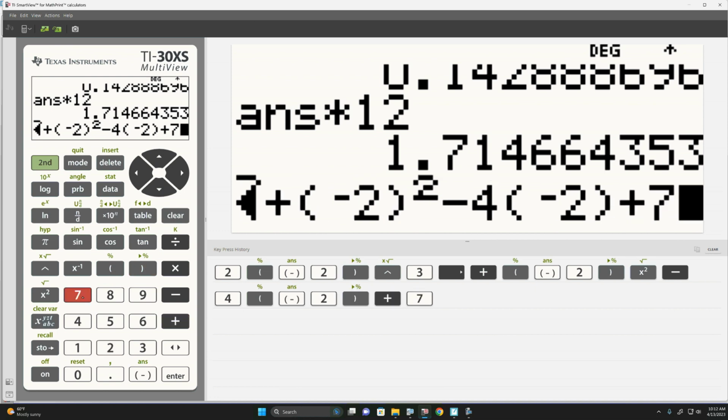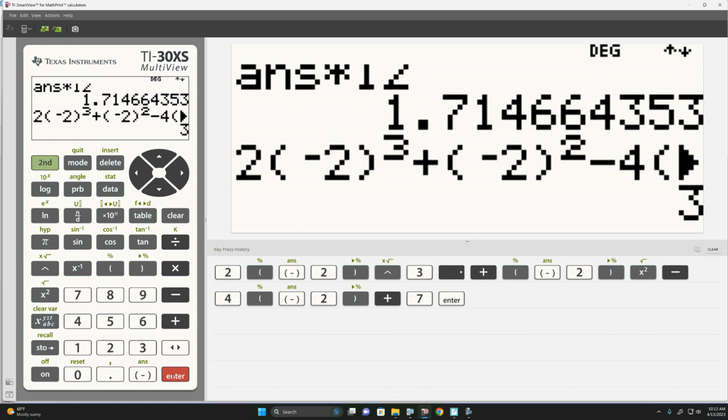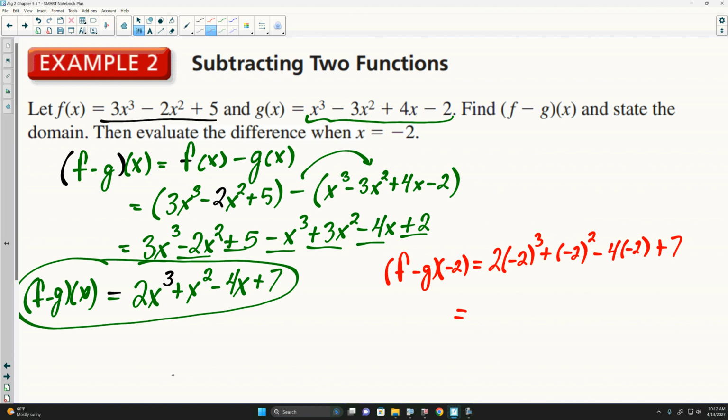If I remember right, which gives us 3. Yep. So f minus g of negative 2 is 3.